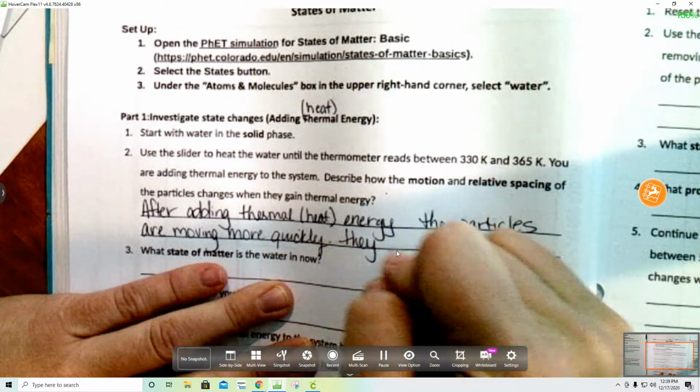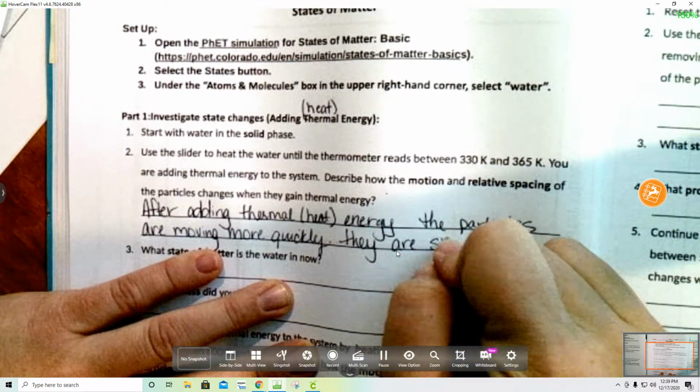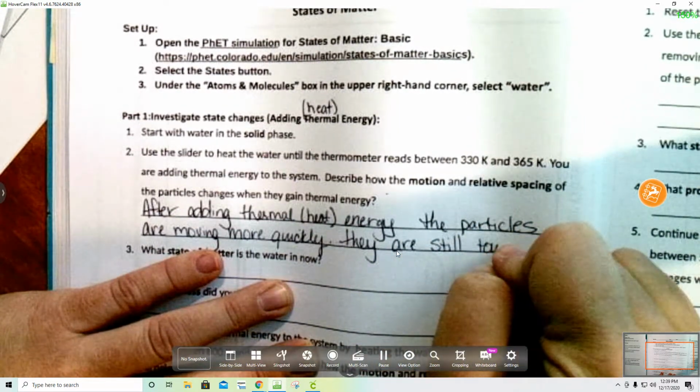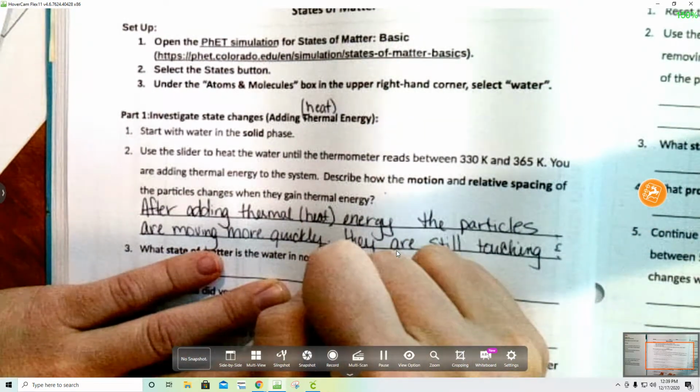They are still touching and sliding past one another.